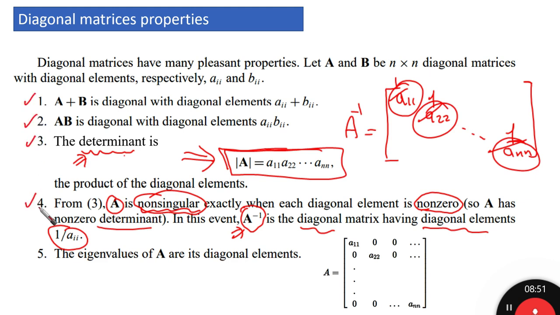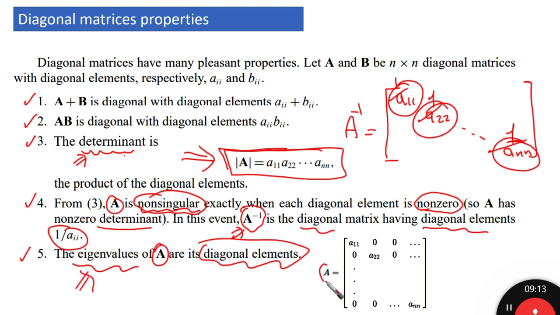Look at these properties. They are very important, and they make the calculation in many cases very easy and simple. Now the fifth property: the eigenvalues of A are its diagonal elements. This is very important as well.